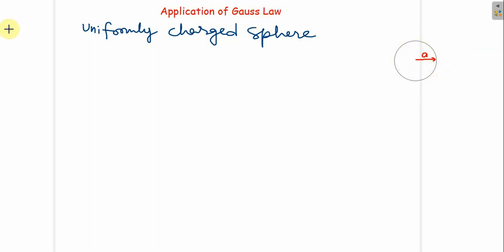So let us assume a Gaussian surface like this, and let's say the radius is small r. This can be one case.